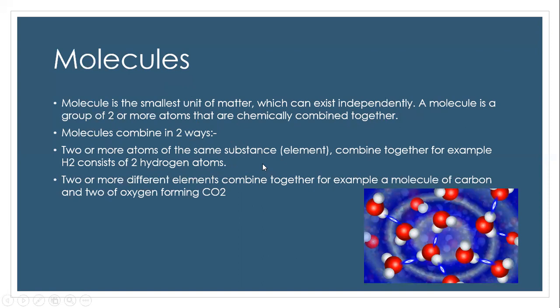Now, I did not explain this in the previous video, but every atom has its own significance if they have a different number of electrons and protons. For example, take any element, iron, gold, silver.